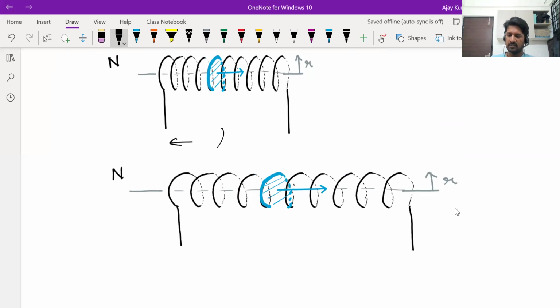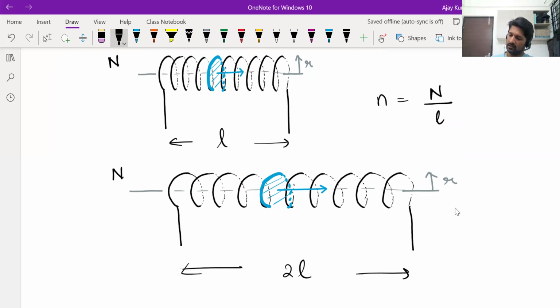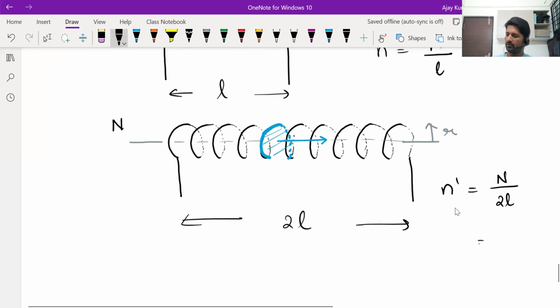But if original length is L and final length is 2L, then original small n value will be total number of turns by total length, N by L. The new value of small n will be N divided by 2L. Okay. So new value of small n is original value divided by 2. Small n gets halved.